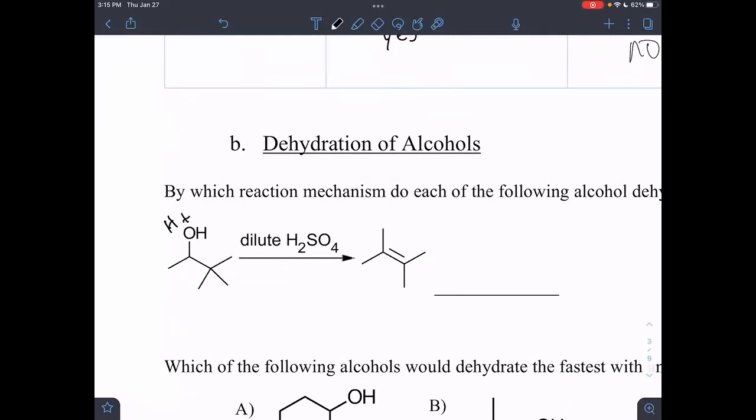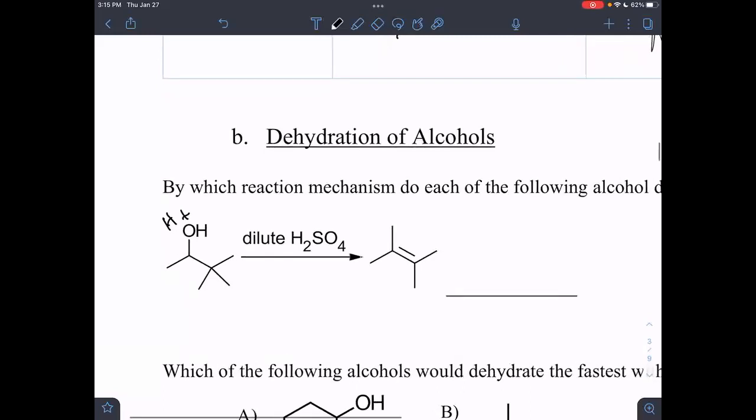Would there be a methyl shift in that reaction? There would be a methyl shift because we have a quaternary carbon over here. I wouldn't worry too much about it, but be conscious of methyl and hydride shifts, especially for the above reactions that we just went over, like acid catalyzed hydration.